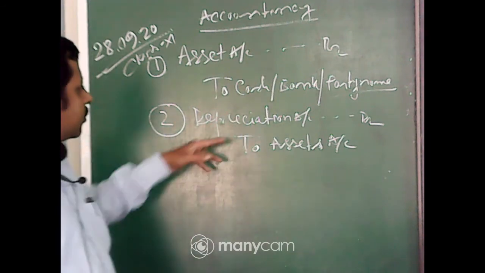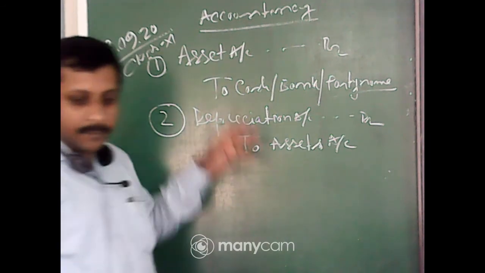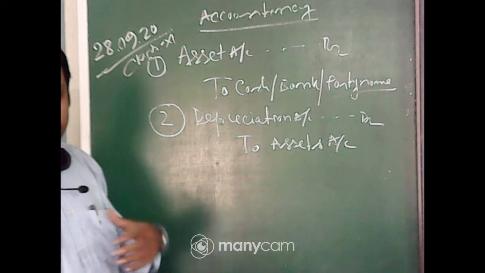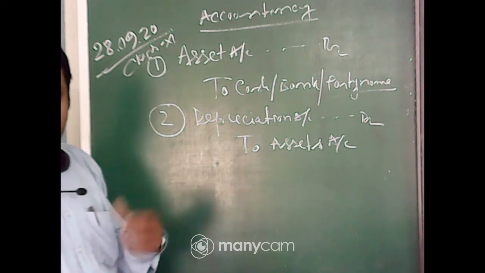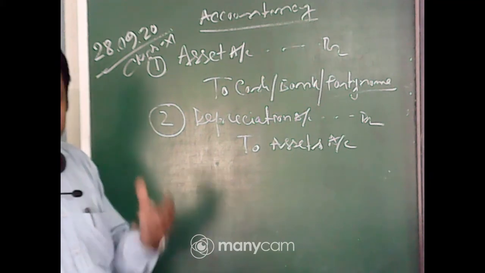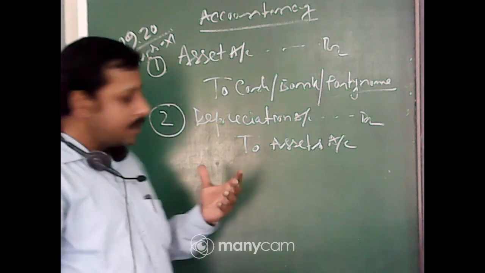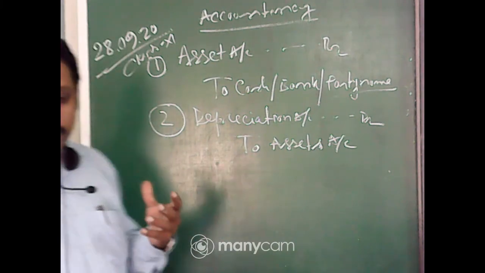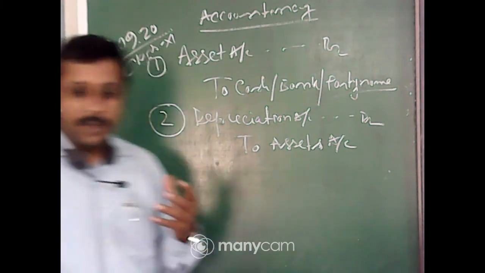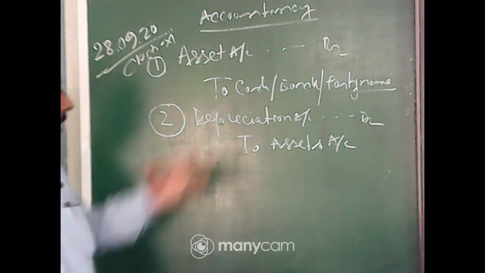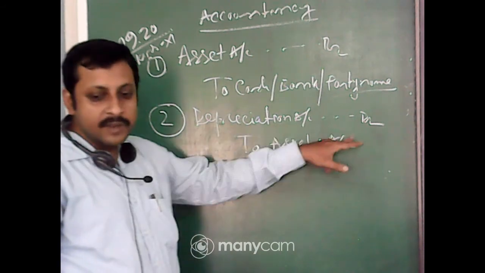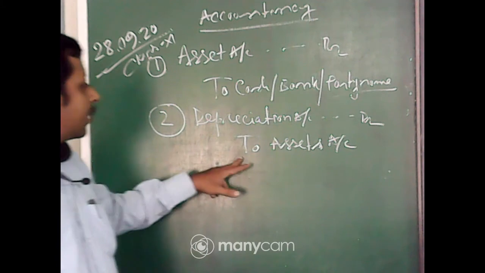Okay. So what is depreciation? Depreciation is a nominal account, so it is treated as an expense, and you know the rule of a nominal account: expenses and losses are debited, and that's why the depreciation account is debited. So depreciation account debit to asset account.